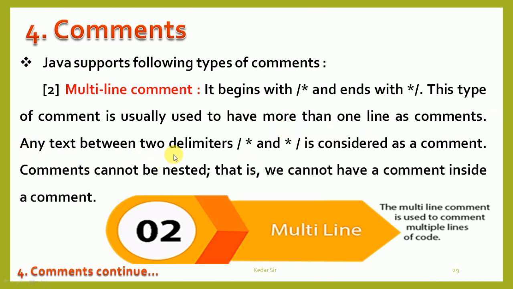Any text between the two delimiters is considered a comment. Comments cannot be nested. That is, we cannot have a comment inside a comment. So this is for the programmers. It is very useful if you create different types of programs, and to help every programmer understand, we use comments.